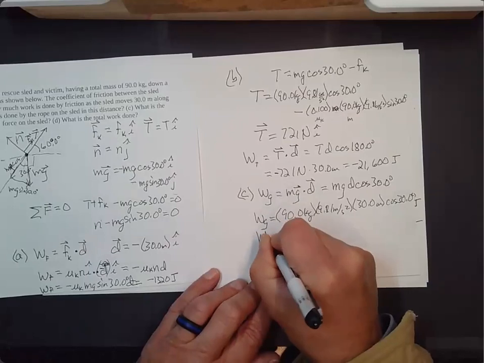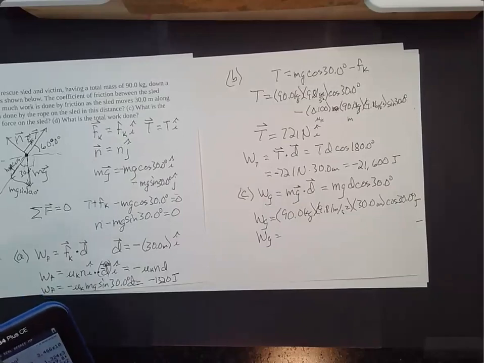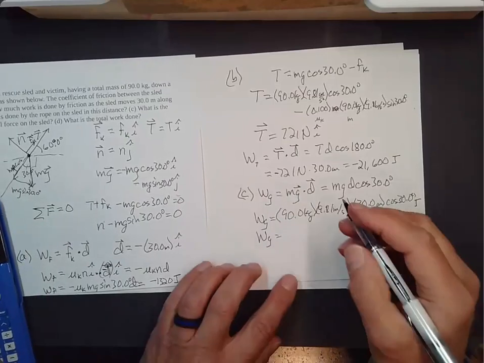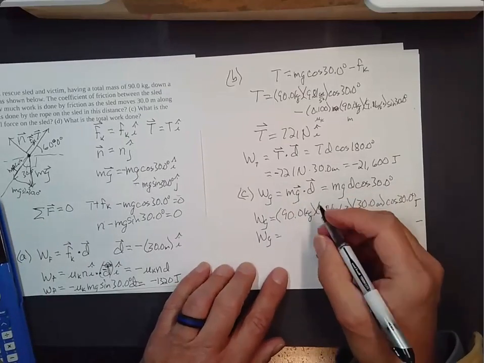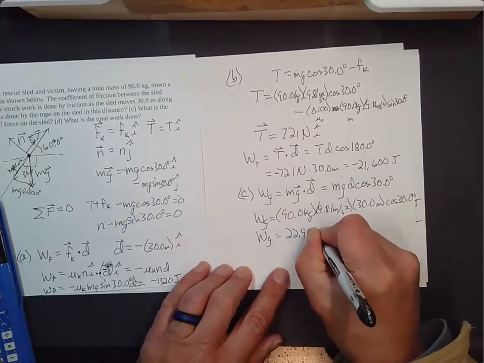So the work done by gravity, and I get 22,900 joules.